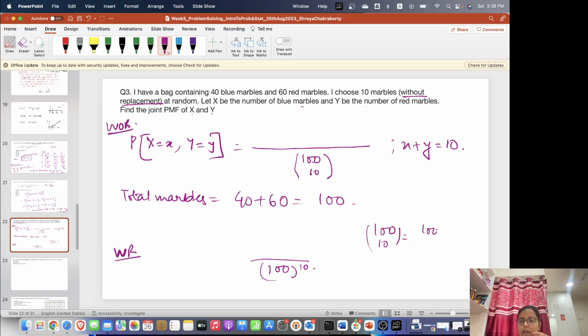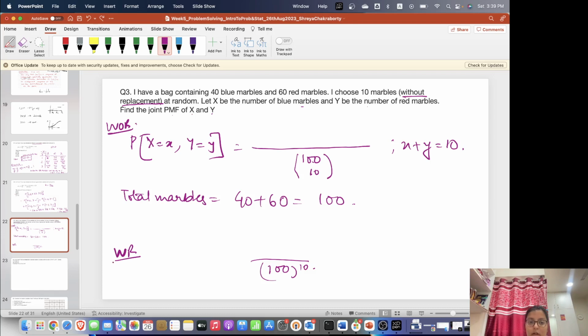Depending upon the problem statement, here we are selecting. So that's why we'll take combination. We are not arranging. It doesn't matter the order in which we are selecting. That's why we are taking combination. But if the order matters, then we would have taken a permutation, if the arrangement would have mattered.